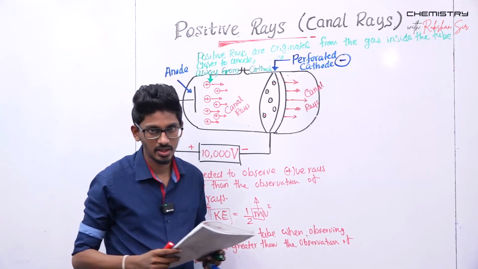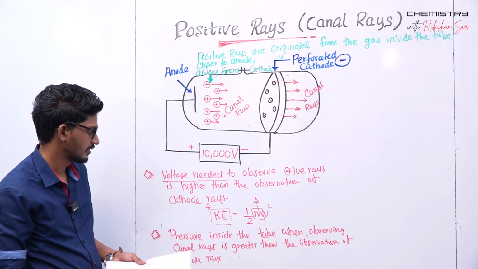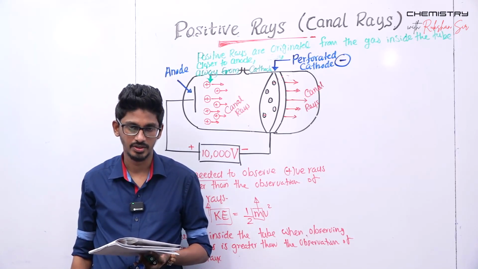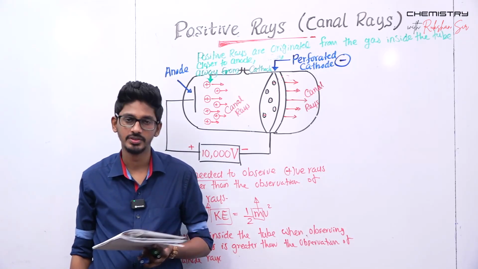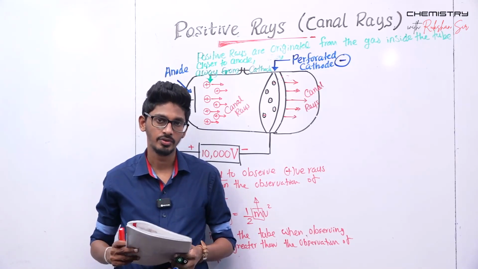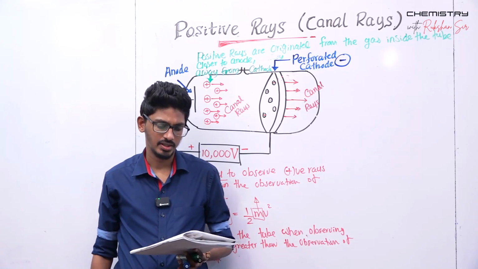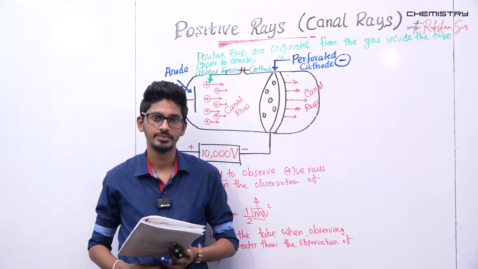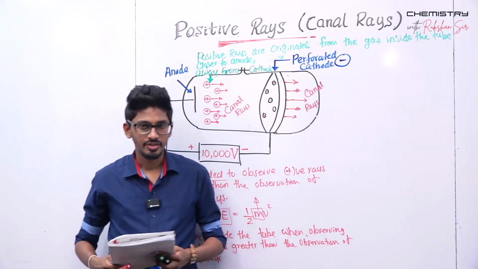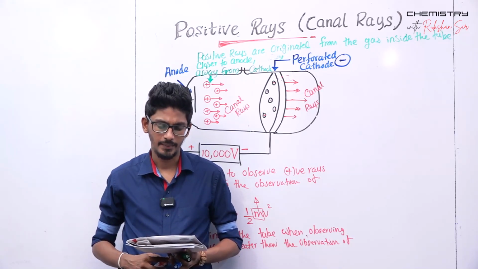Let's write. After drawing this, just write: When a high voltage of about 10,000 volts was applied across the electrodes, a faint glow was observed behind the perforated cathode.